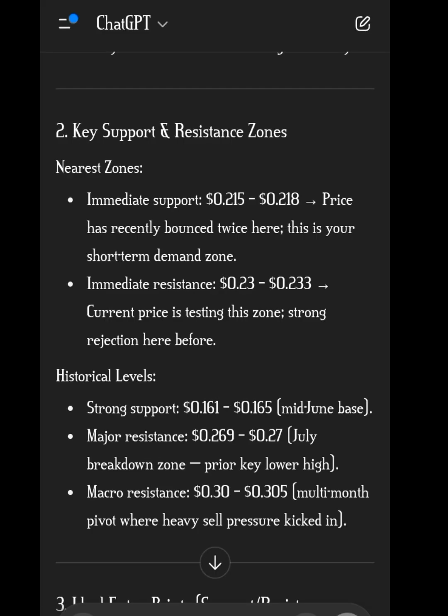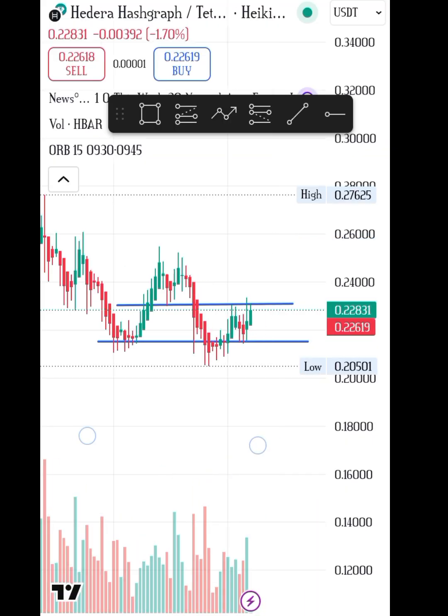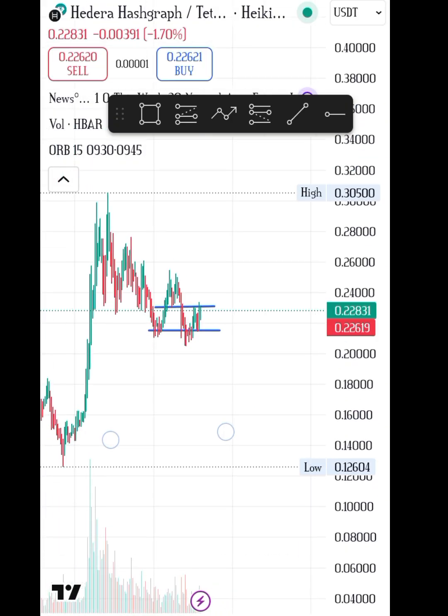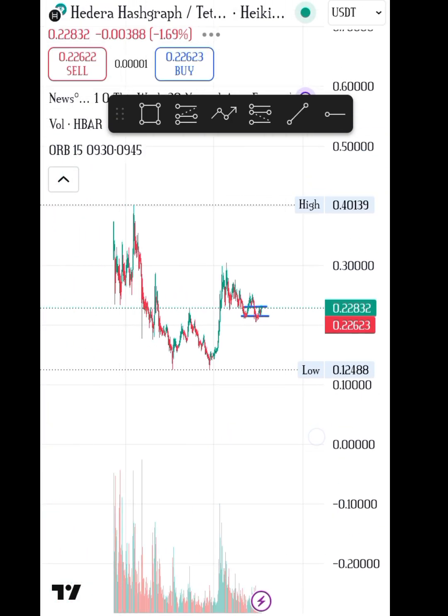So historical levels, we have to find this out as well because you need to know the whole history of this chart. So strong support is 0.161. So let's zoom in and find 0.161, so let's know if this is accurate.